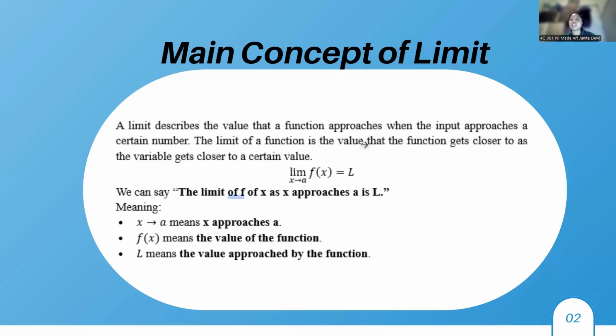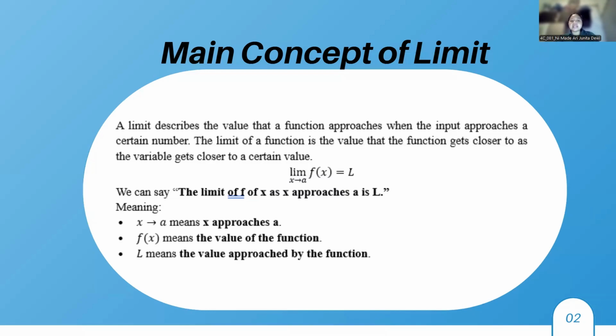Now, let's look at the notation of limit. Look at the formula on the screen. We read this in English as the limit of f(x) as x approaches A is L. Let's understand each part.